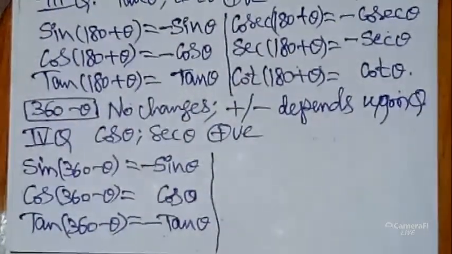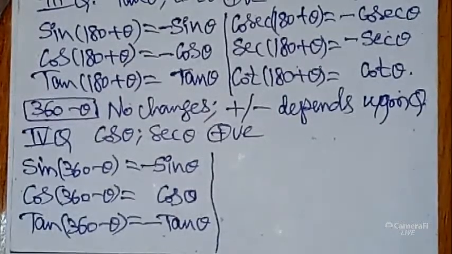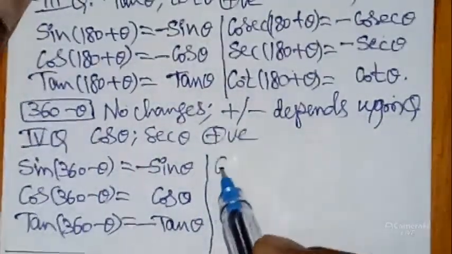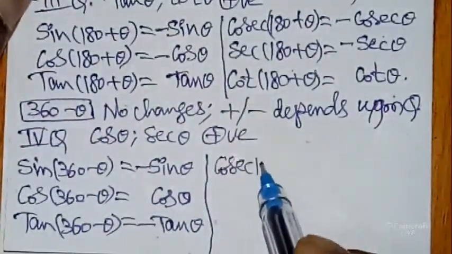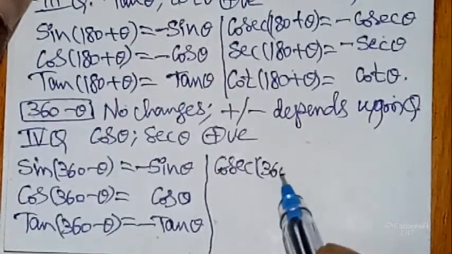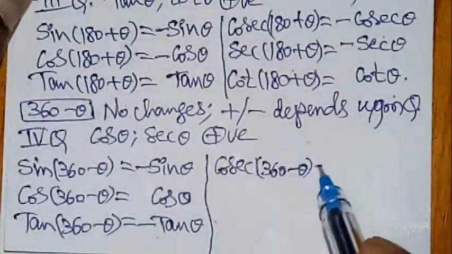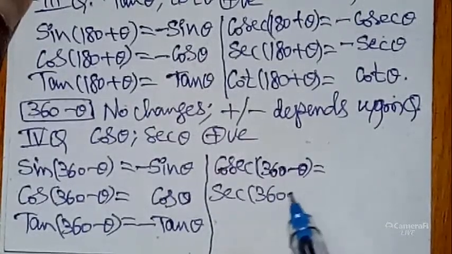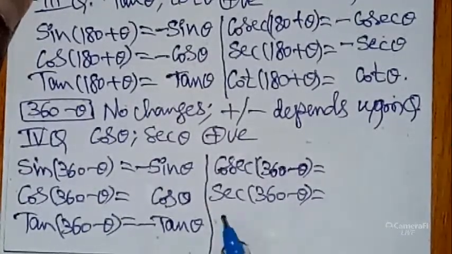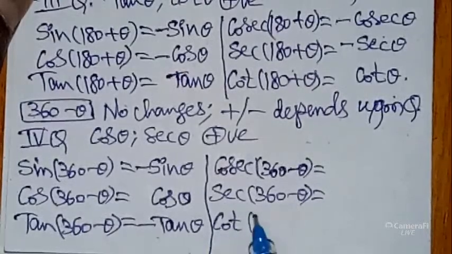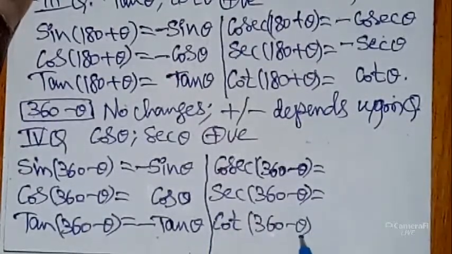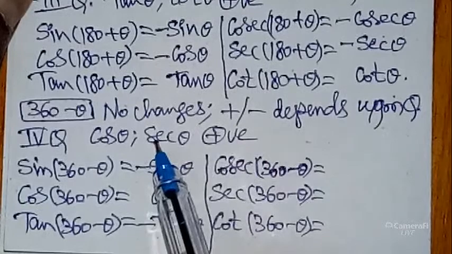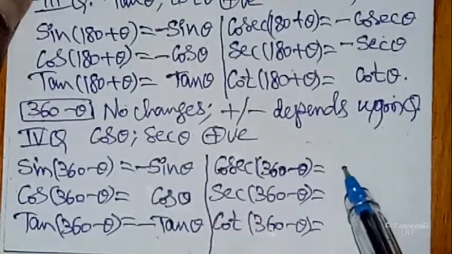Next we wanted to write the reciprocals of these three values. Sin reciprocal is cosecant 360 minus theta. Next cos reciprocal is secant 360 minus theta. Tan reciprocal is cot 360 minus theta. First of all no changes, you can write as it is.